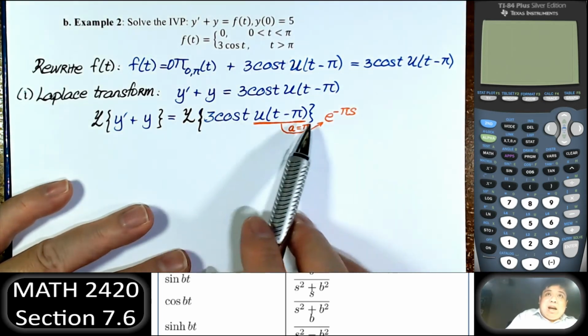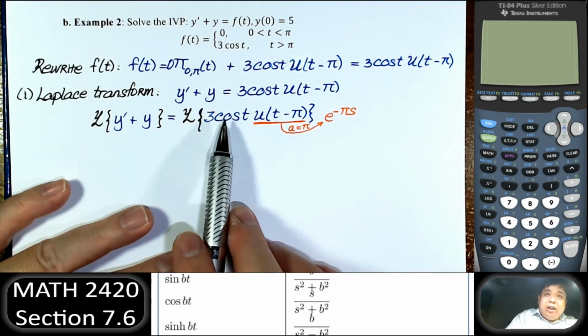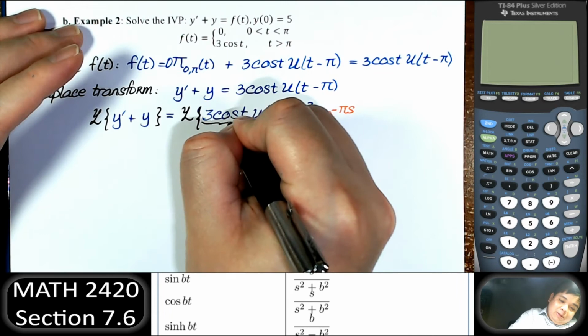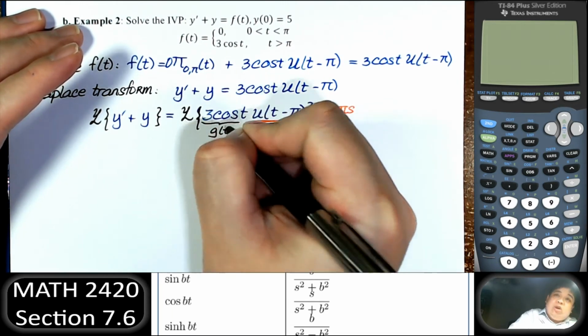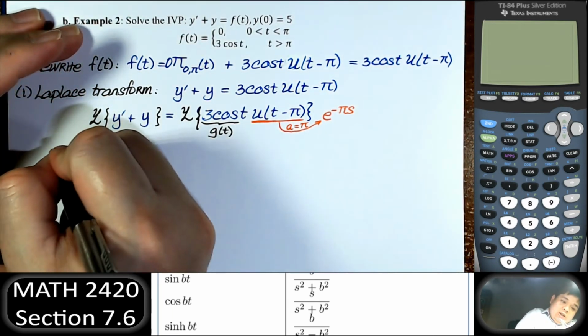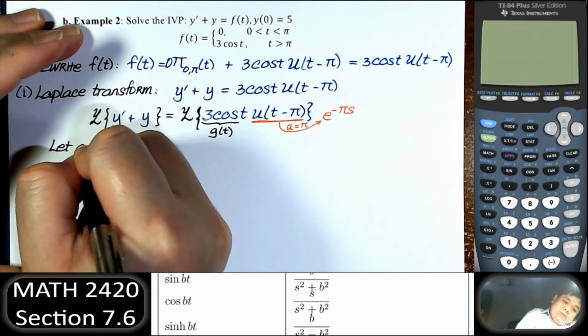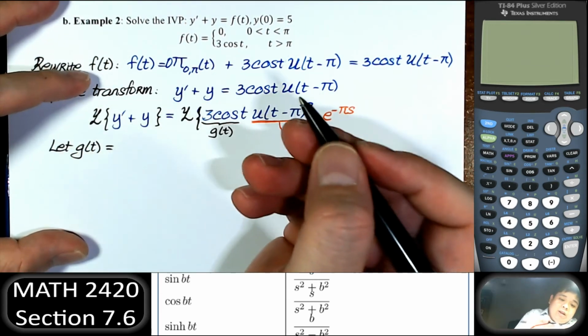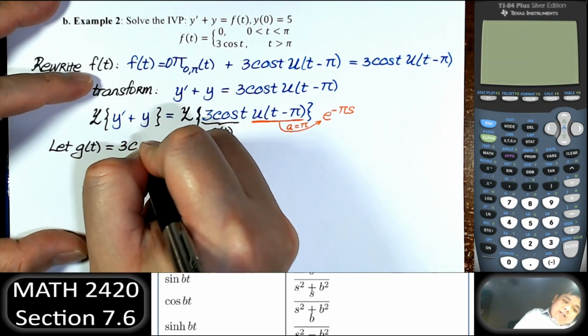And then after that we have to transform 3 cosine t. This is g of t, but we need to do the transform of g of t plus a. So let g of t be equal to 3 cosine of t.